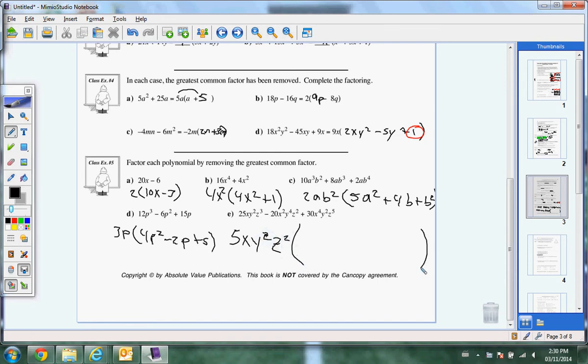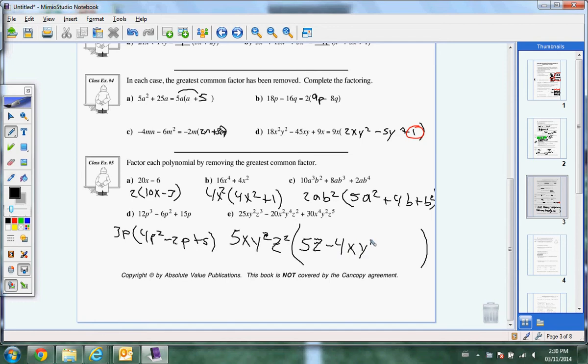25 divided by 5 is 5. x came out. y squared came out. z cubed, I took 2 z's out. I have 1 z left. 5z is your first term. 20 divided by 5 is 4. With a negative, the minus stays. x squared, I took an x out. I have 1 x left. y to the 4, I took 2 y's out.